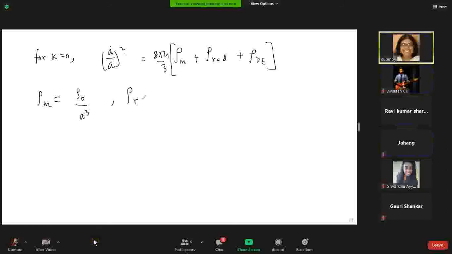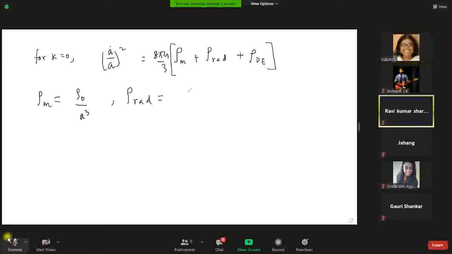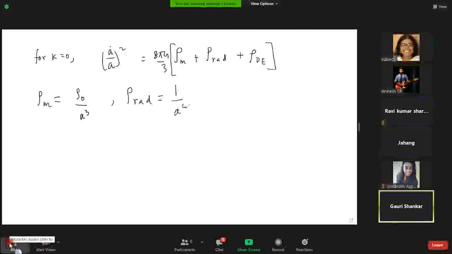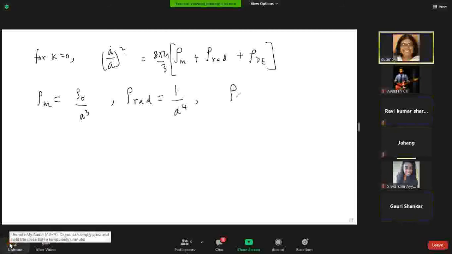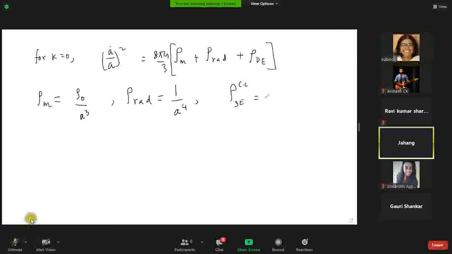Now rho radiation, you know that. A to the power 4, one divided by a to the power 4. And for rho cosmological constant, or dark energy, we will come to know. How much? It's constant, lambda. It does not depend on a.